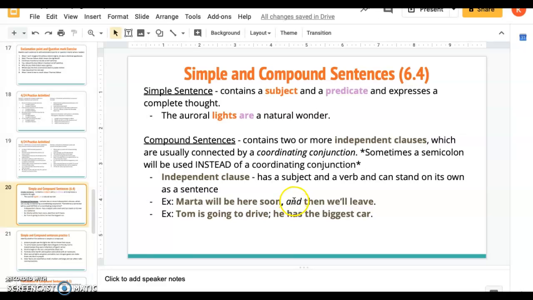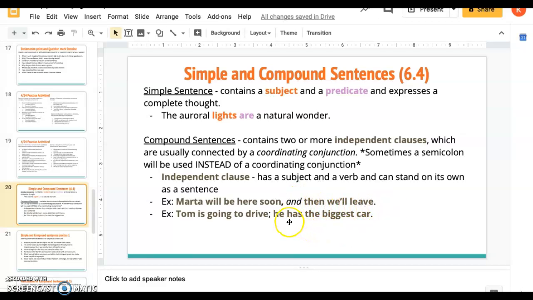The word and is a coordinating conjunction. Then the second clause is then we'll leave. Okay? So again, it talks about we as the subject, will leave is a predicate. That's it. Will leave is a sentence, right? So Marta will be here soon, independent clause, comma, and then we'll leave.